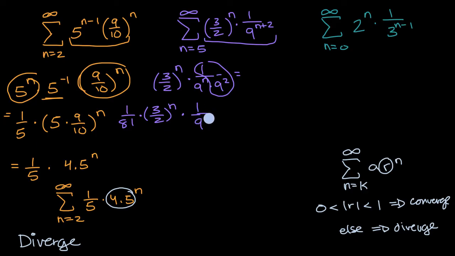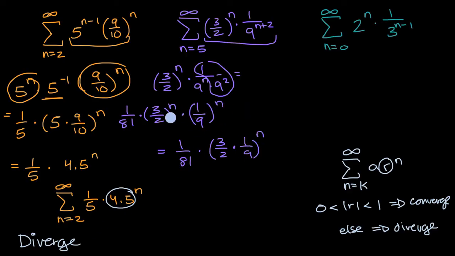But 1/9 to the n is the same thing as 1/9, all of that to the nth power. The reason I did that is now I have both of these things to the nth power, and I can do just what I did before. So this is all going to be equal to 1/81 times 3/2 times 1/9 to the nth power.